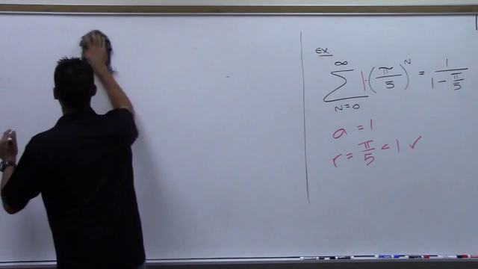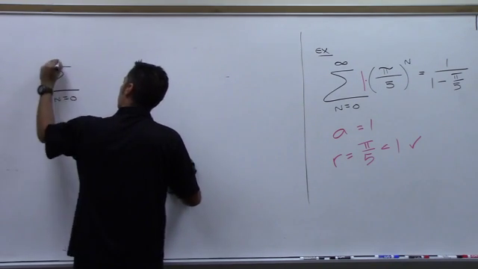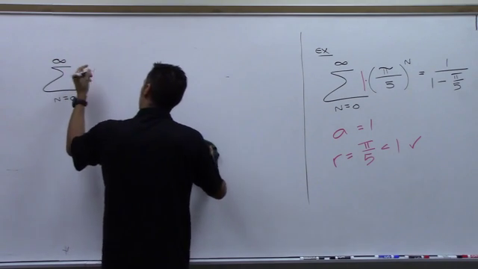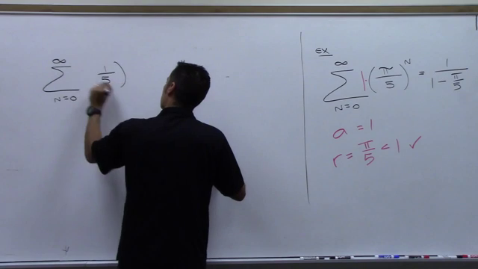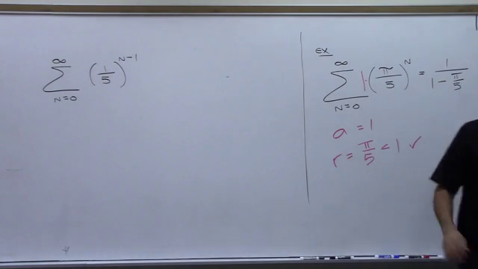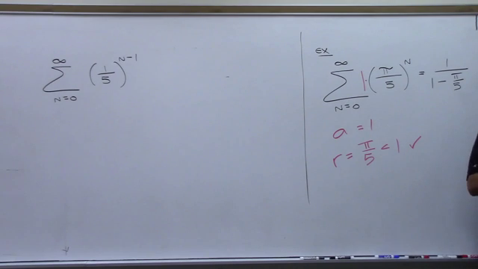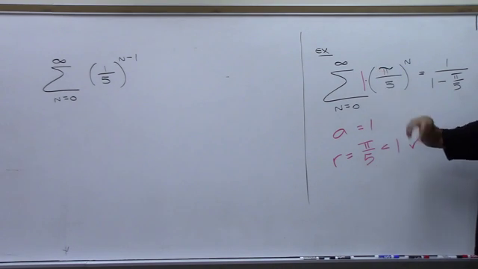You're saying what would you do in the case that someone gave you 1/5 to the n minus 1. Right. So you're looking at that and you're like, okay, the n minus 1 looks right, but then it's not n equals 1. If it's n equals 0, then I need that to be n, not n minus 1.